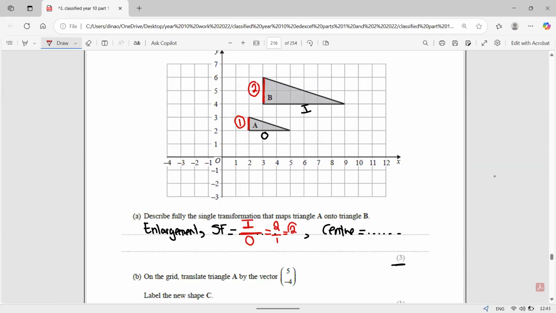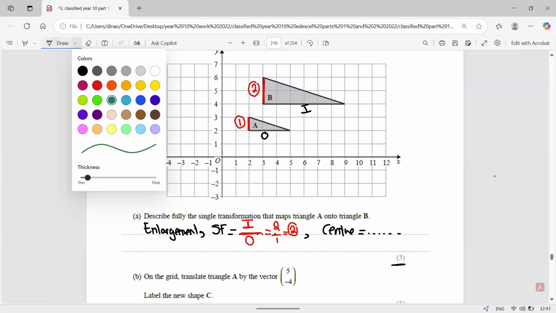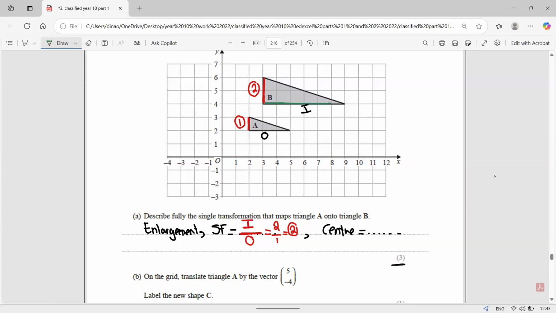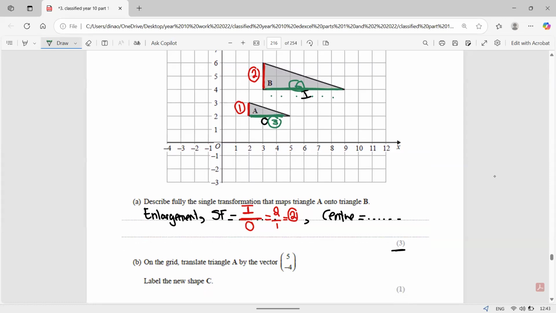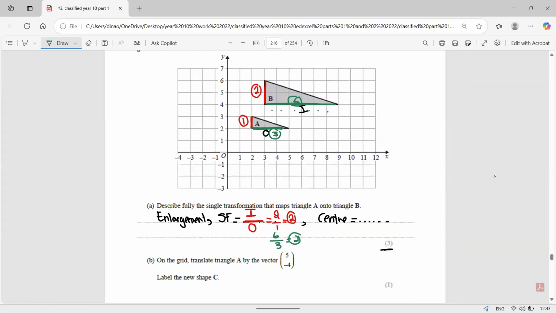So the scale factor is 2. Again, to find the scale factor, determine which is the object and which is the image. Pick a side on the image and count its squares: 1, 2, 3, 4, 5, 6. Pick the corresponding side on the object: 1, 2, 3. Then apply image over object and you get the answer, which is 2. So this is how to find the scale factor.